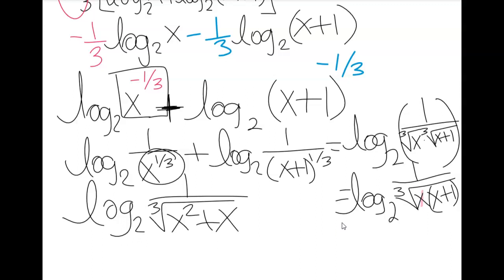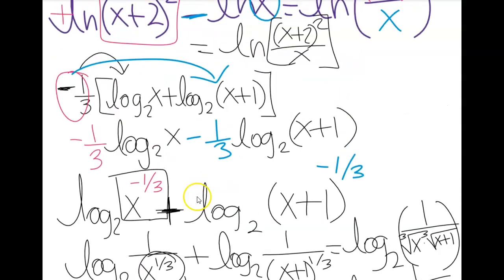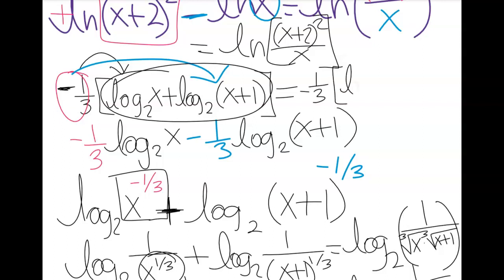Okay, now a problem like that could have been just solved if we had done the following from here. We could have just said, we're going to leave that negative 1/3 there, and then we're going to condense what's in here. So that would be the log base 2 of x times x plus 1, just like that.